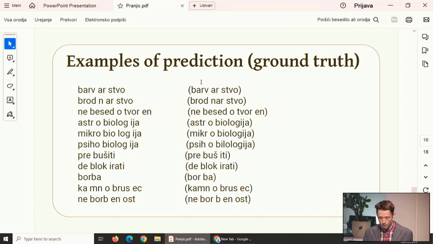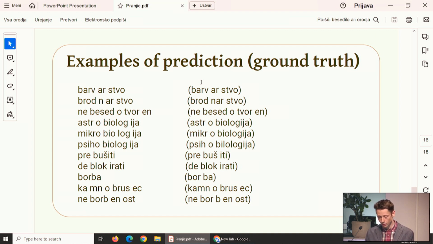So here are some examples of prediction together with ground truth, and here are some mixes of correct and wrong predictions. So you can see where it fails.